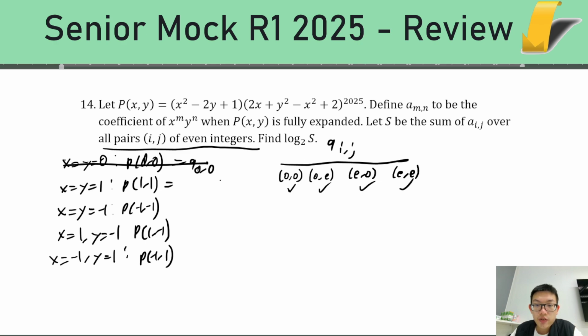For this one, if i and j are both odd, then -1 to the odd becomes negative, and the product becomes positive. So it's going to actually take this and this. But if one of them is odd, one of them is even, it's going to take the negative of them.